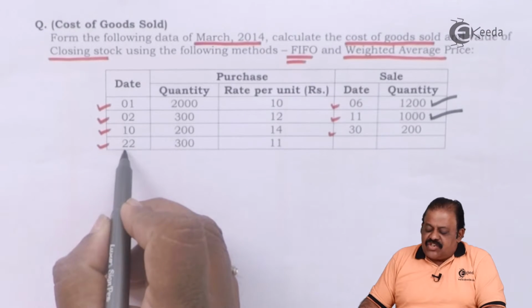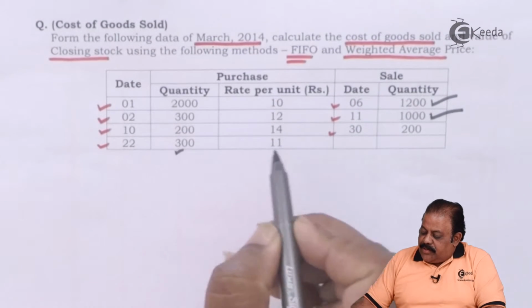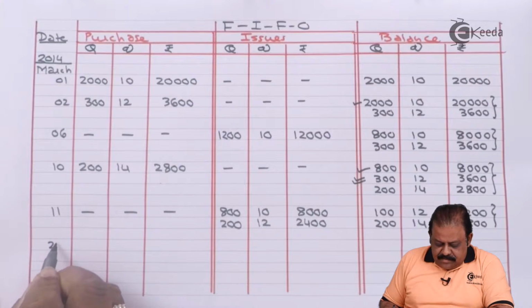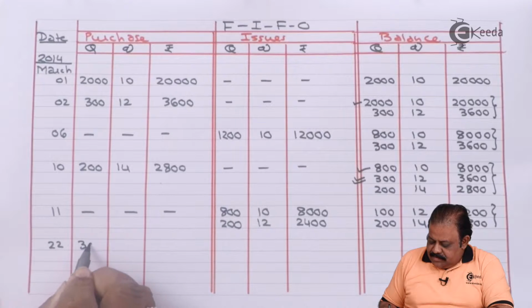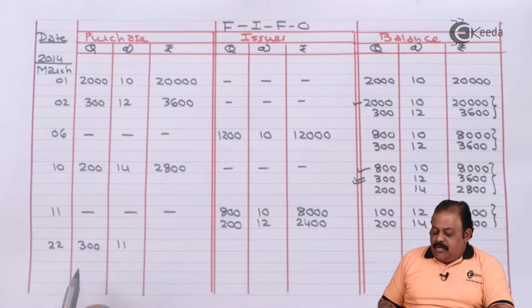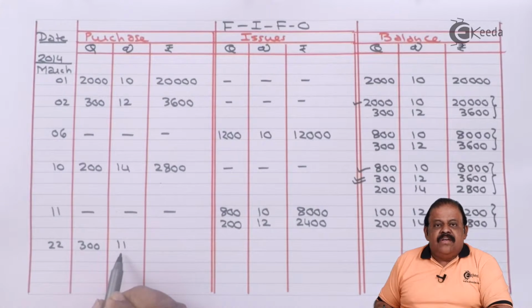On 22nd March, there is purchase of 300 units at the rate of 11. 300 units are purchased at the rate of 11.